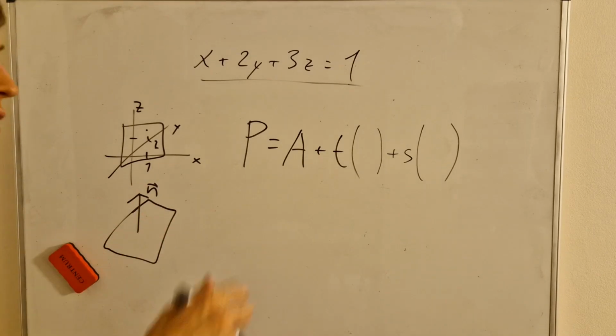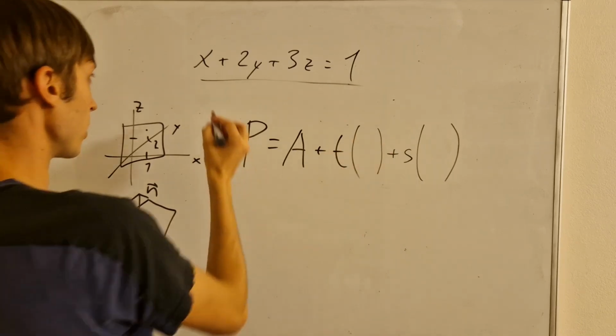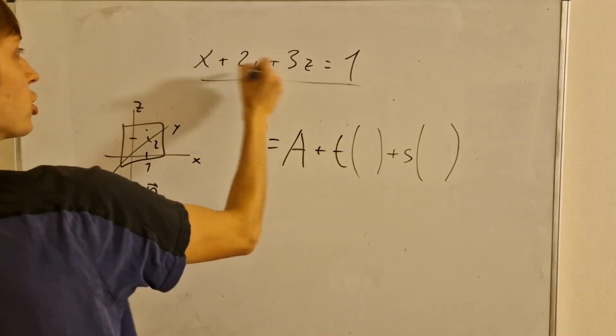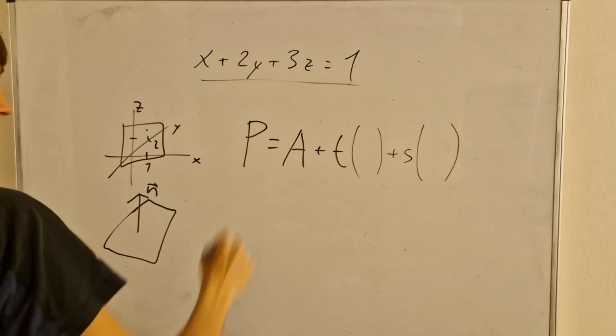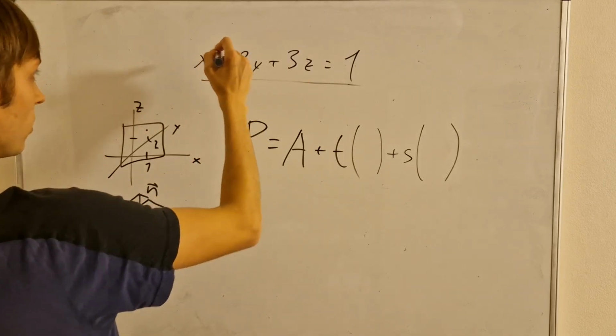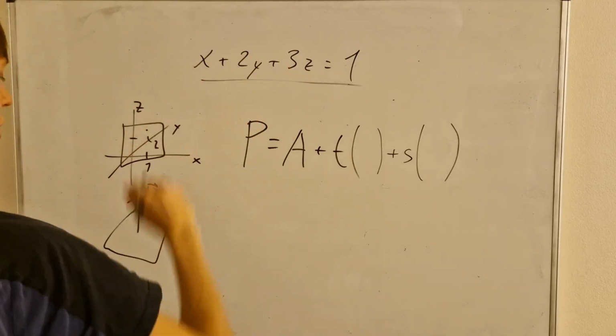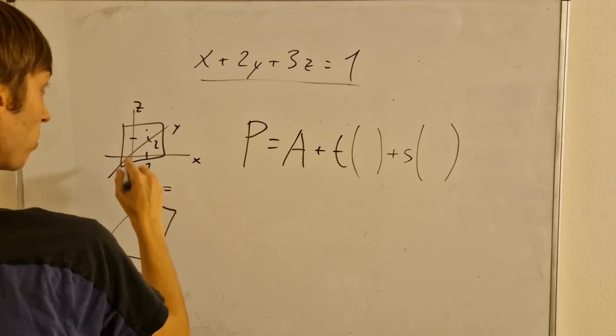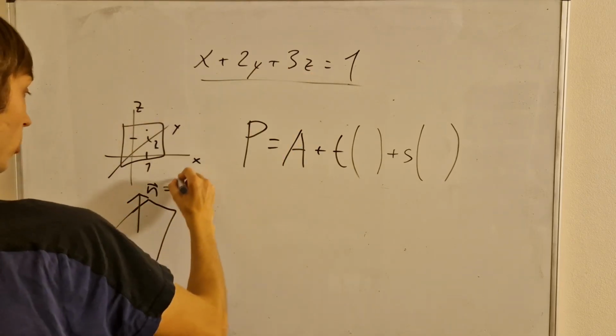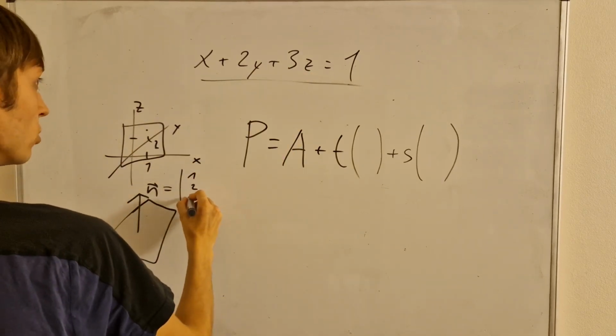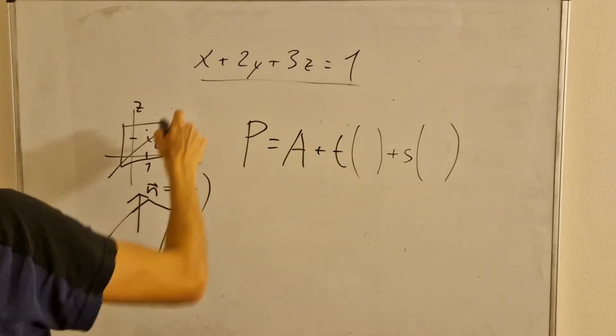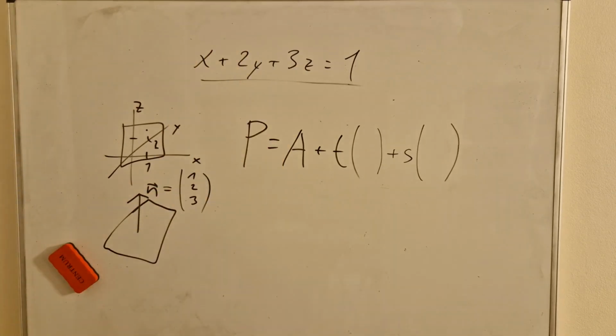The x, y, z coordinates of which we can get from the coefficients of this general equation. Therefore, it will be 1, 2, 3. So the normal vector to the plane described by this equation is 1, 2, 3: 1 in x direction, 2 in y direction, 3 in z direction.